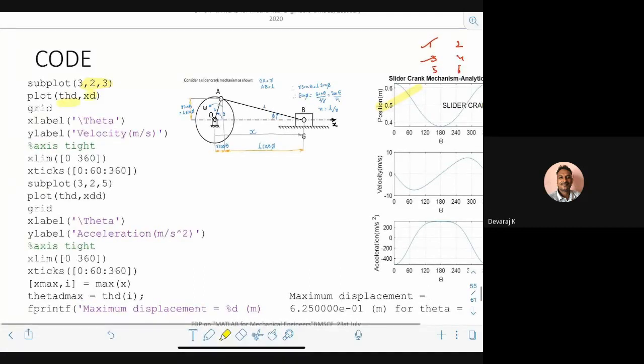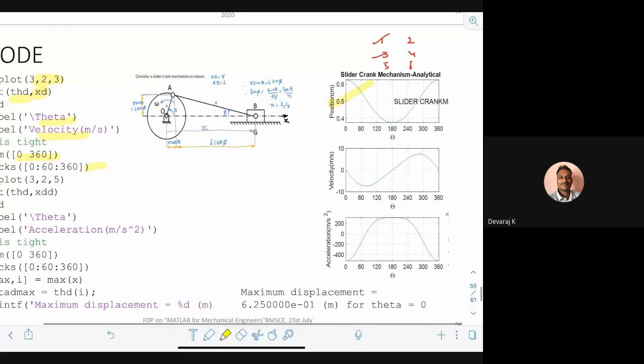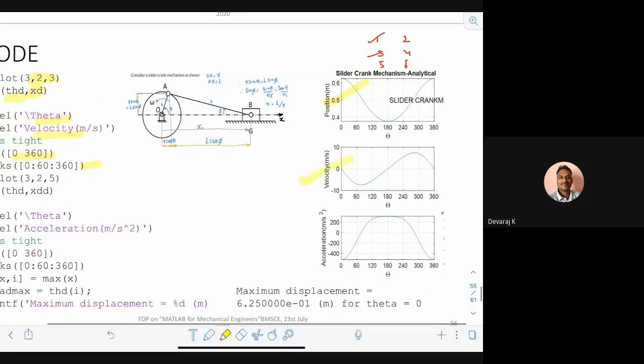The y-axis is the velocity of piston x, that is x differentiated. And you can switch on the grid, put the title of the x-axis, put the title for the y-axis, clearly saying what the units are. And you can put the limits. Otherwise, I told you the graph will go for a different length. And you can control the ticks so that you will get this graph. Remember, it is subplot 1 and subplot 3.